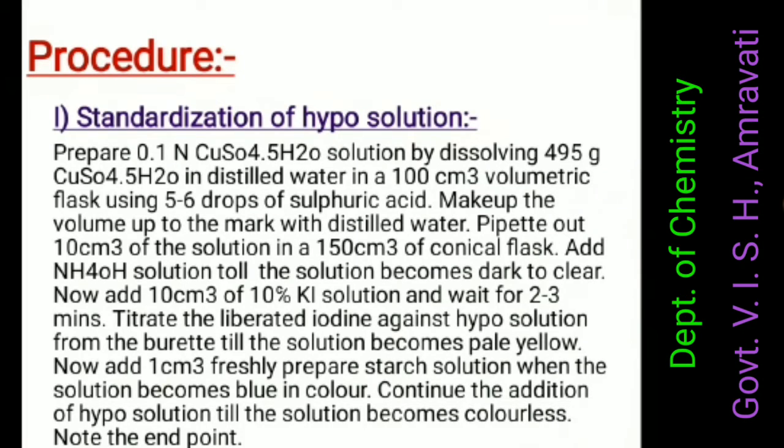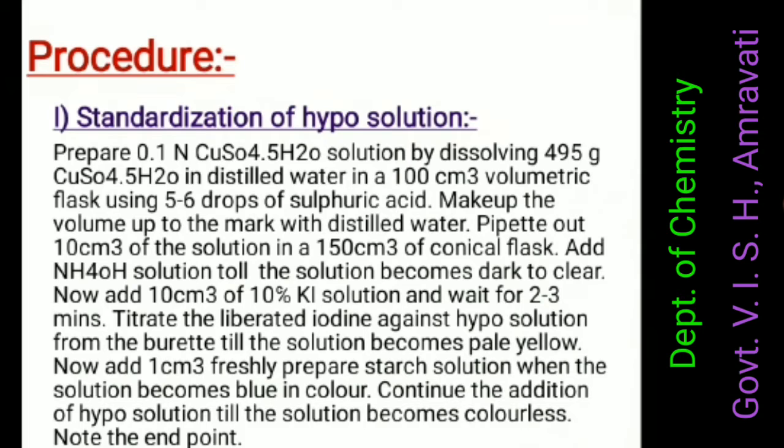The procedure: first step, we'll see the standardization of hypo solution. For that you will need to prepare 0.1 normal CuSO4·5H2O solution by dissolving 2.495 gram of CuSO4 in distilled water in a 100 ml volumetric flask, using 5 to 6 drops of sulfuric acid.